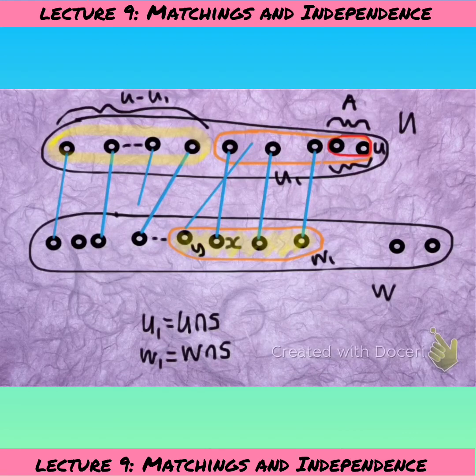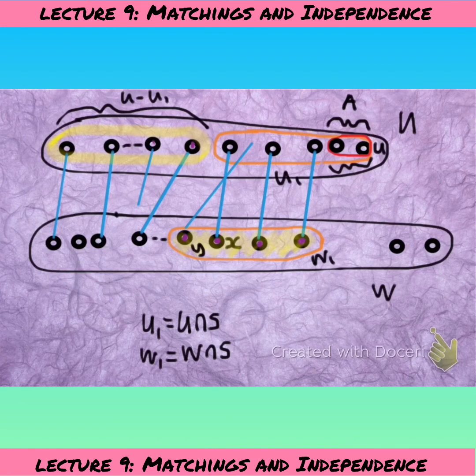Okay, now what you can do now is, if you go and count the number of vertices in B, you see each vertex in B corresponds to at least one blue edge.